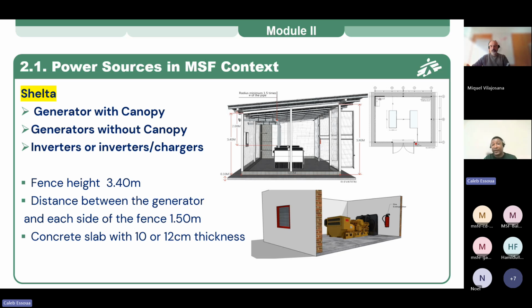So if you don't do it, imagine the temperature can increase from maybe 35 to 45, and this can affect the performance of your generator. You also have to open a window at the back of the alternator so that the air can flow to the generator and then be evacuated to the other side. And you have to keep space for maintenance or repair purposes.